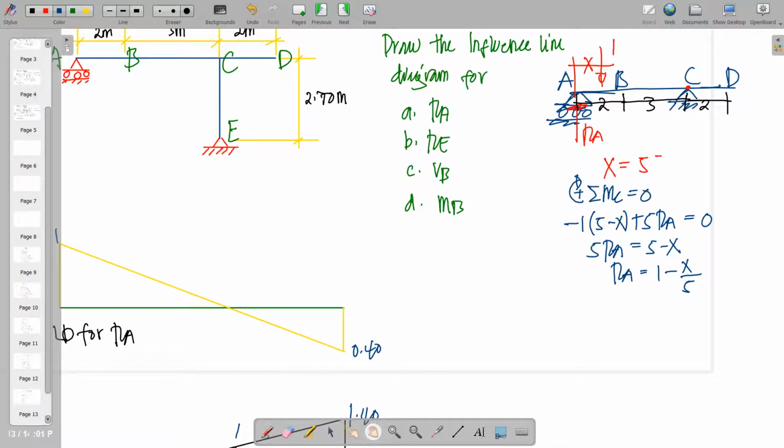And then for x which is above 5, we utilize the same equilibrium equation.